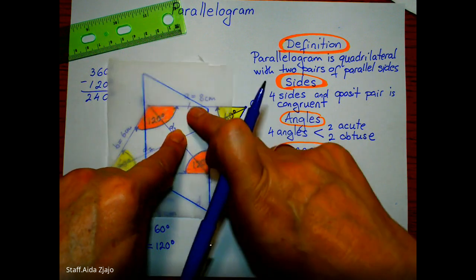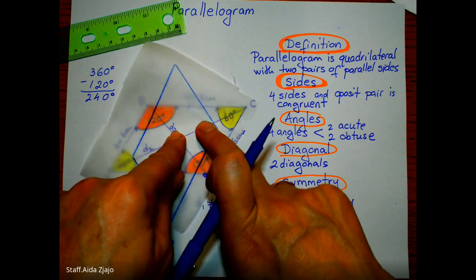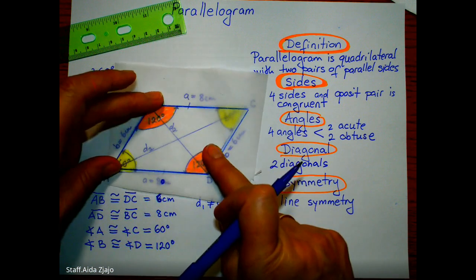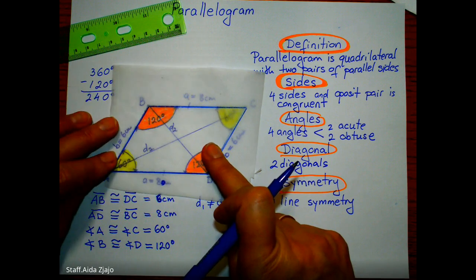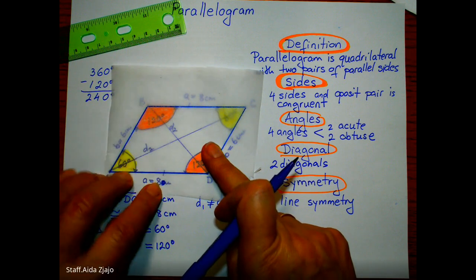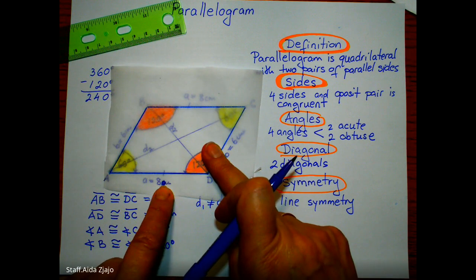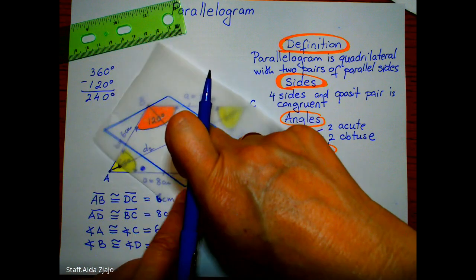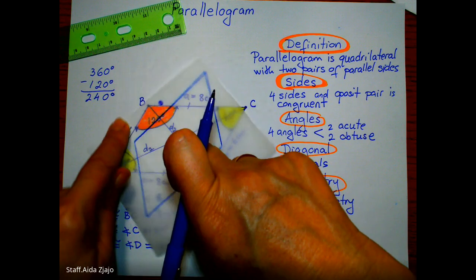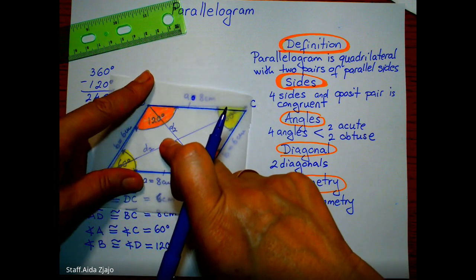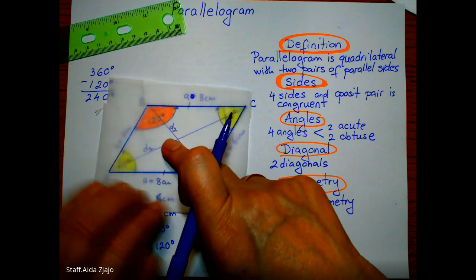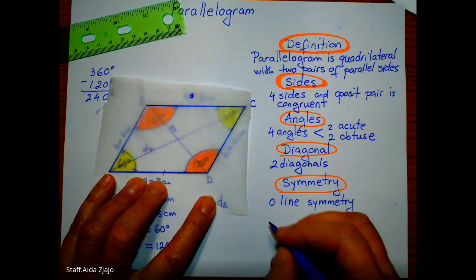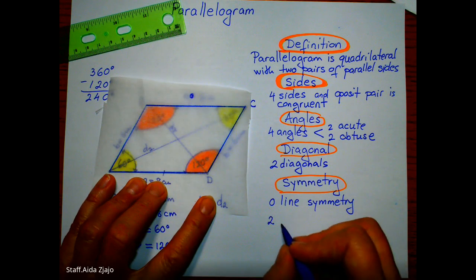When I rotate 180 degrees, it will come into the same shape and the dot will be on the bottom. So it fits once. And if I keep rotating, it will come back the second time in the same position. So a parallelogram has two rotational symmetry.